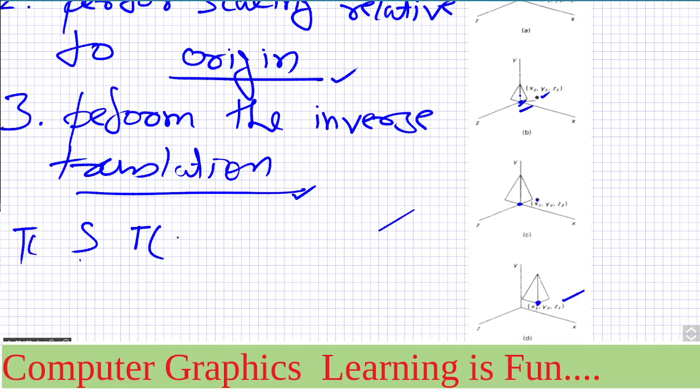For translation, if you are using factors tx, ty and tz, then here you will use minus tx, minus ty and minus tz. And definitely there is a scaling factor, sx, sy and sz.